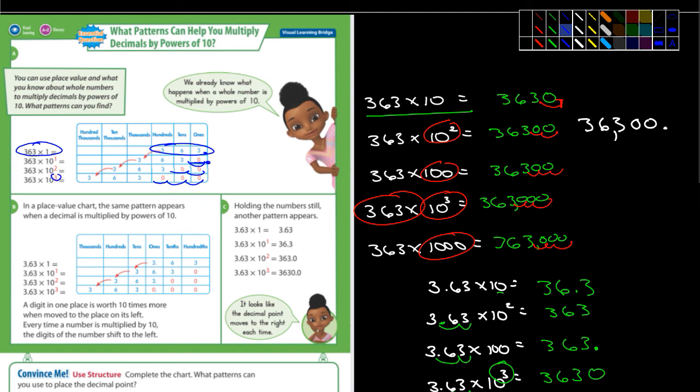And then they have a place value chart here. Here's the decimal form, 3.63 times 1, 3.63 times 10. You move the decimal one place, becomes 36.3, then it becomes 363, then it becomes 3,630, okay? I think you guys get that, but maybe that kind of chart will help you.